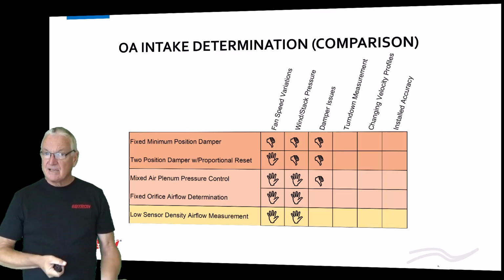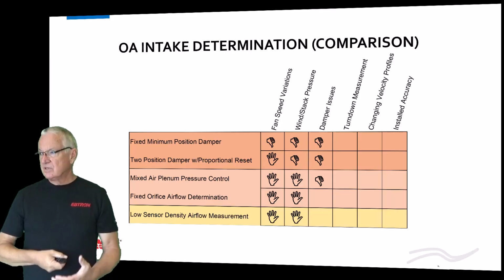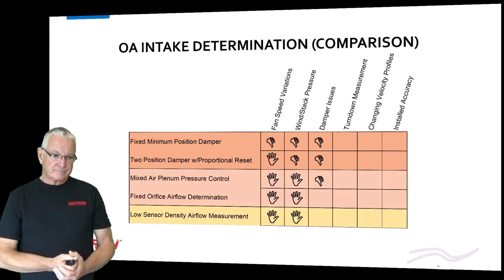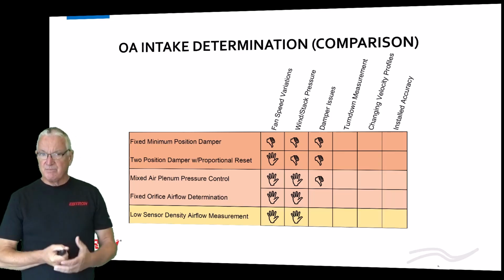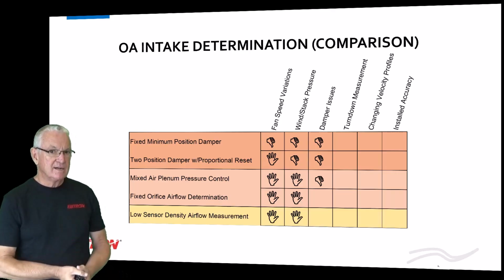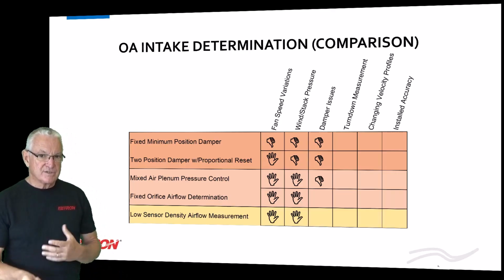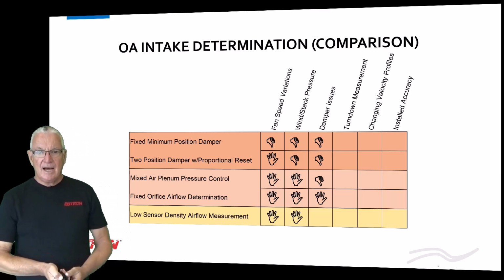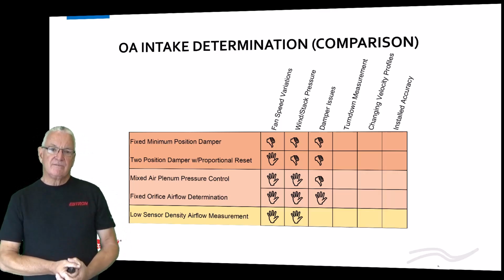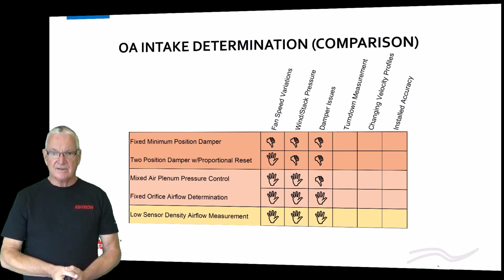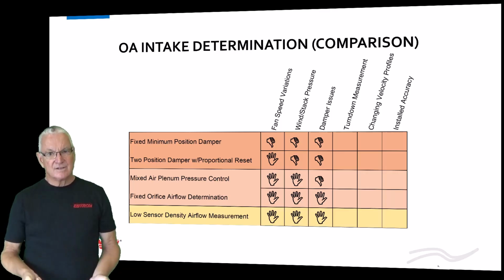So if it's not going back to that fixed damper position, or the seals change, or there's hysteresis, or there's binding, you just don't know what's happening. You'll get to your mixed air pressure set point, but that doesn't mean you're getting the flow that you got during setup. I think you have a little bit better chance with the fixed orifice airflow determination than with the lower sensor density airflow measurement. Again, none of these are great.